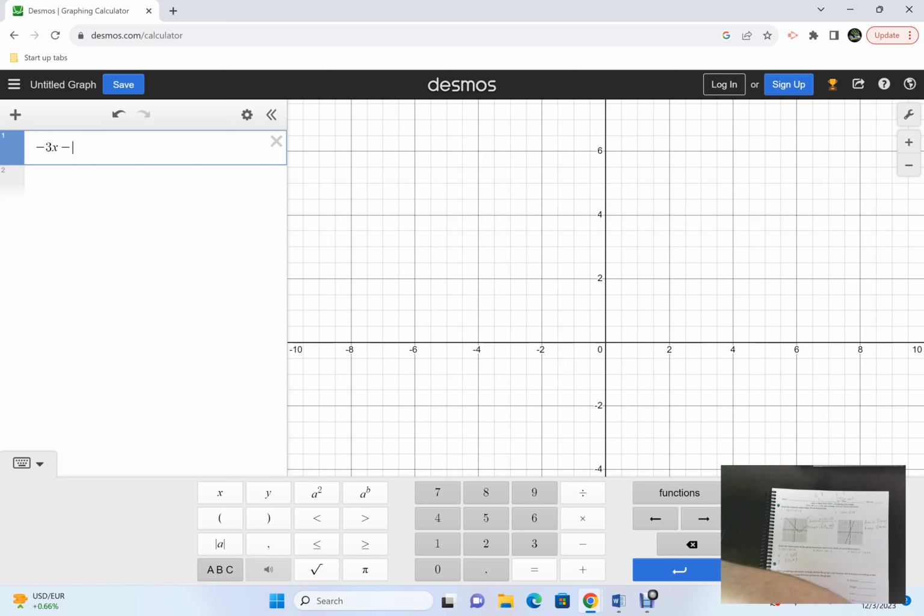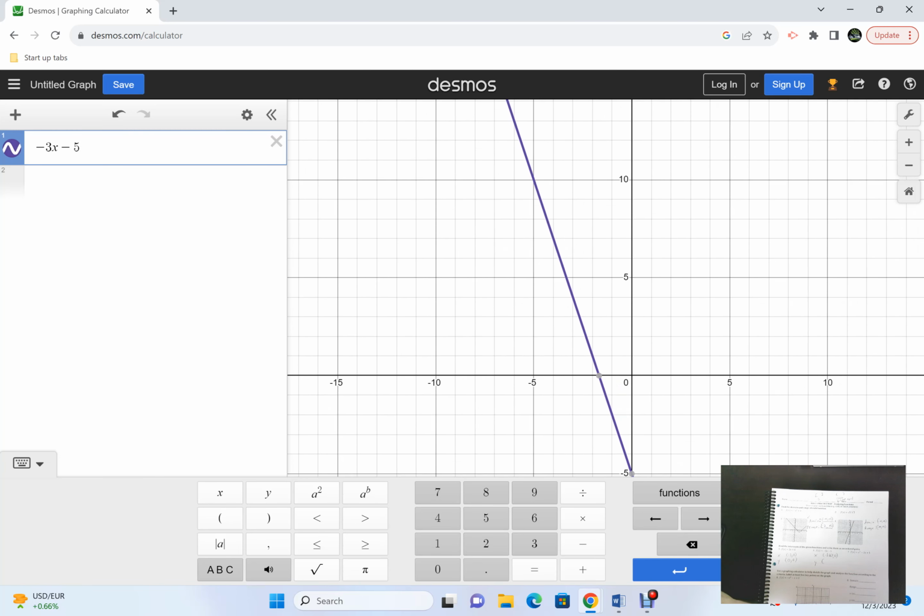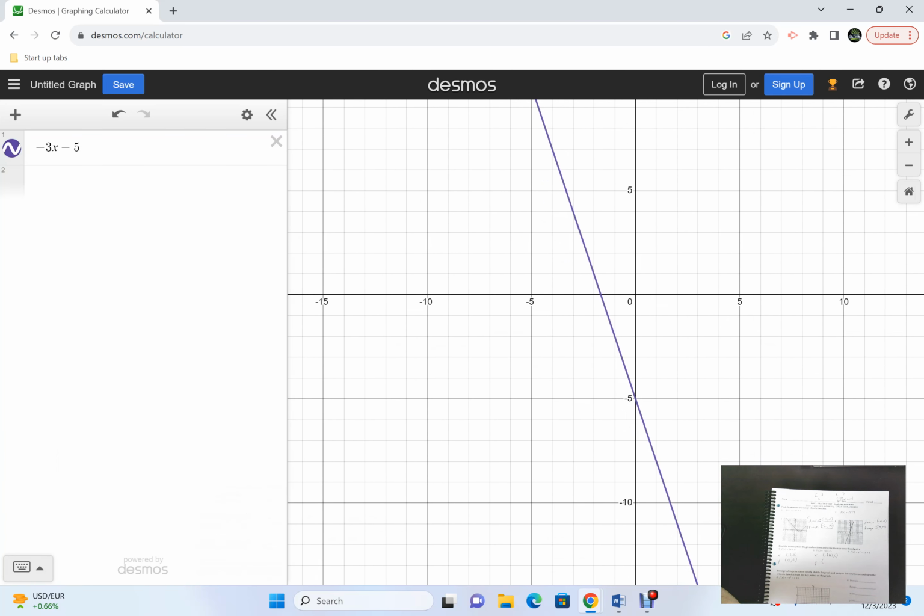-3x minus 5. The x-intercept is -1.667, so the x-intercept is -1.667, comma 0. And the y-intercept, oh, why am I doing that? I want to just scroll down here. Okay, click on the line again.